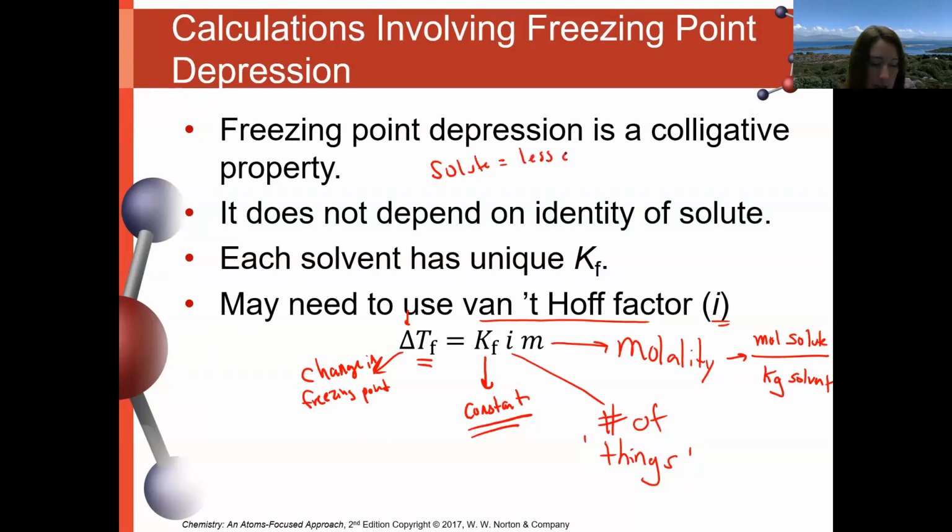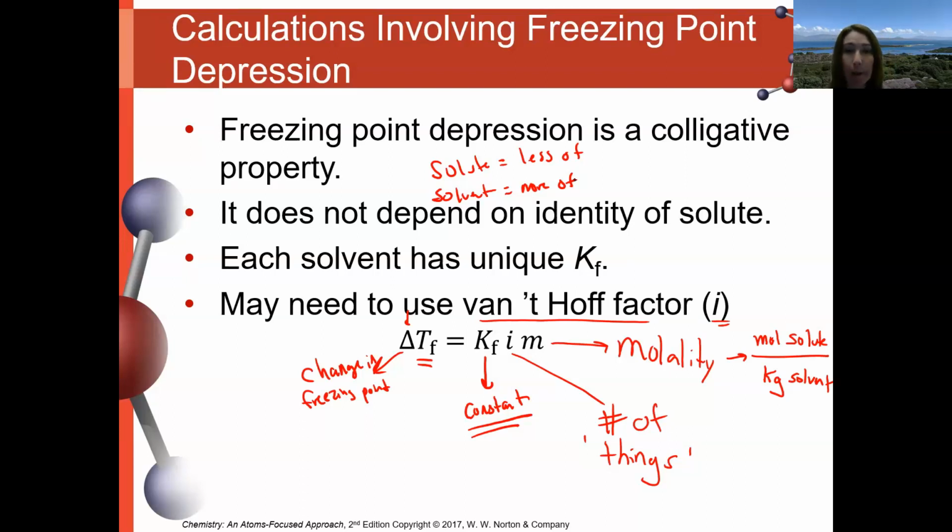Whichever one there's more of, that's your solvent. Whichever one there's less of, that's your solute. So if we have salt in water, there's more water than salt. Water is the solvent. Salt is the solute.